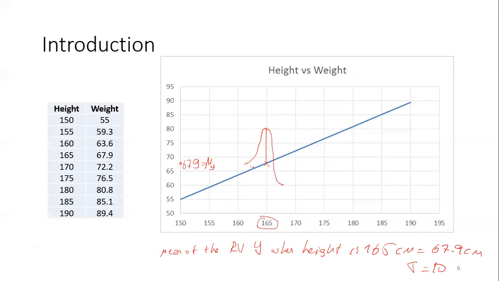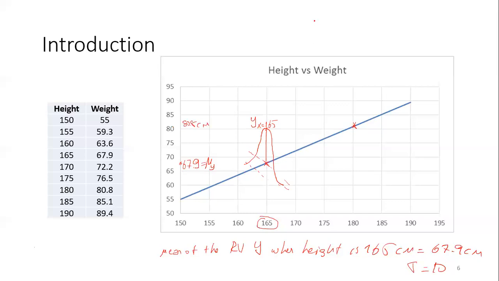If you look at this axis, this is the mean of the distribution, and you have a random variable here. This random variable is y, whenever x is equal to, let's say, 165 centimeters. Or here you have 180, which is 80.8 centimeters.